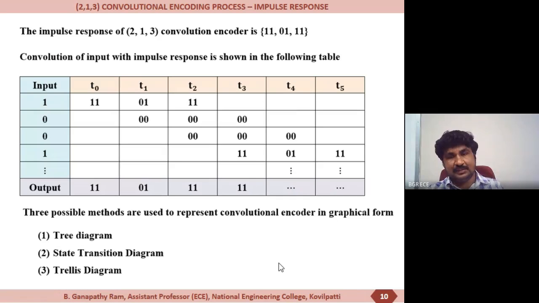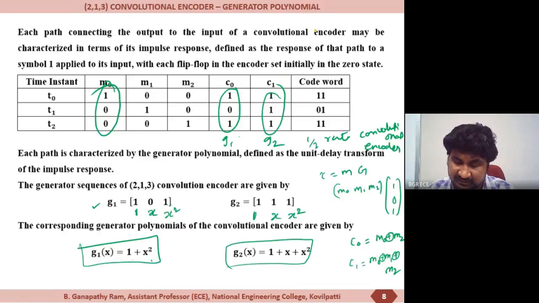Hence, the impulse response of this 1/2 rate convolutional encoder is 1101 and 11, because this is the impulse response.